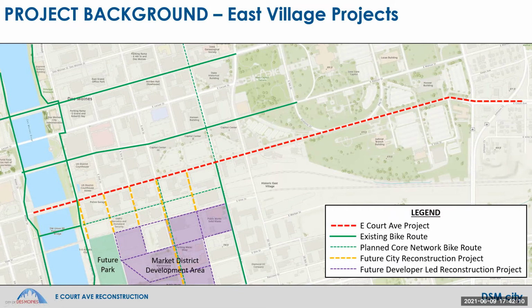But it also requires a lot of construction and a lot of updating of our infrastructure. So all of these orange dashed streets are projects that the city will be undertaking as part of the development of this area. As you can see, that's 5 different streets that will be under construction.